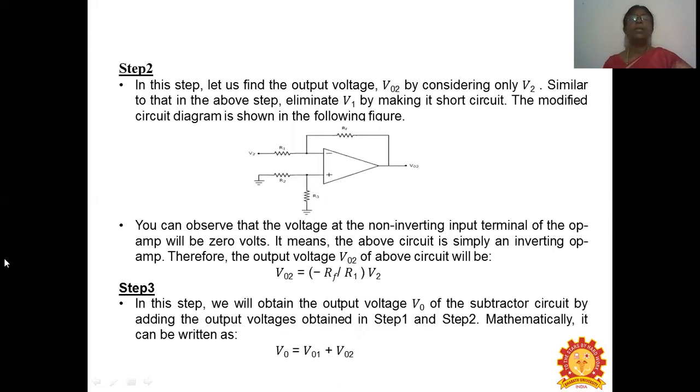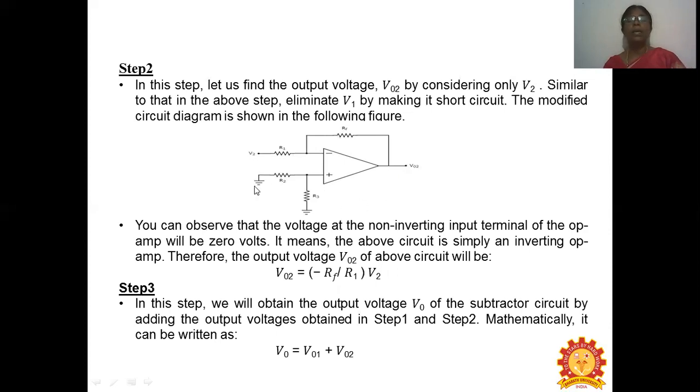Step 2. In this step, let us find the output voltage V02 by considering only the input voltage V2. Similar to the previous step, we can eliminate the voltage source V1 by making it short circuit. So this is the modified circuit diagram of the above circuit.